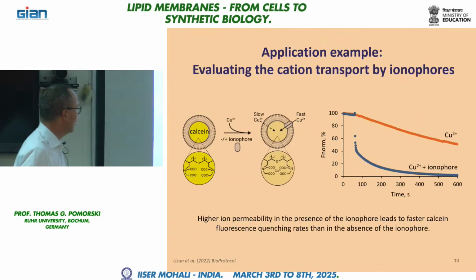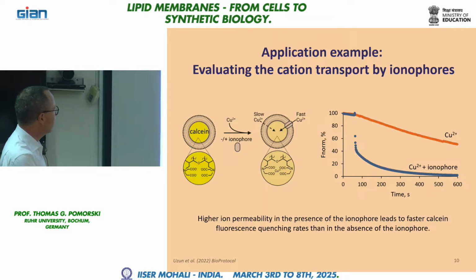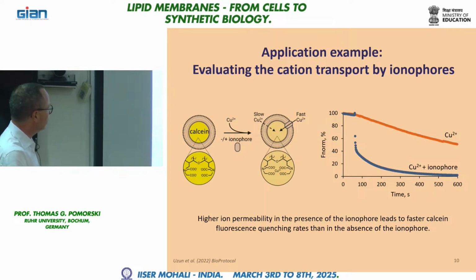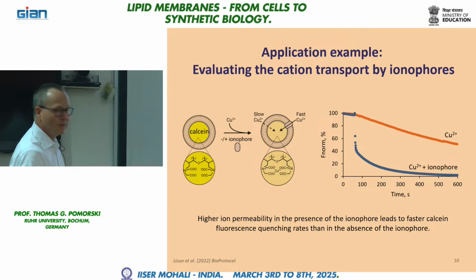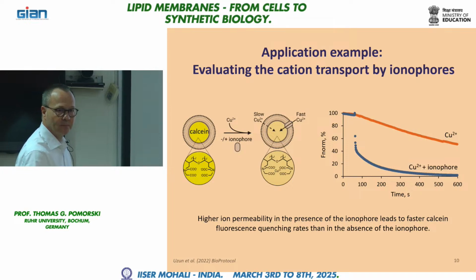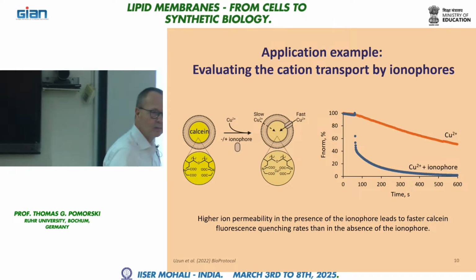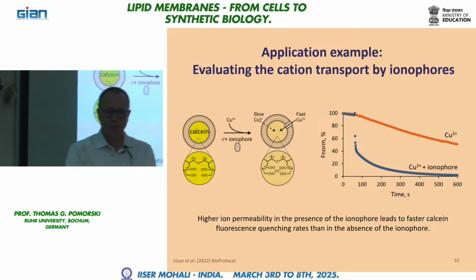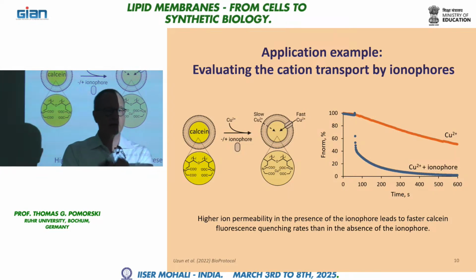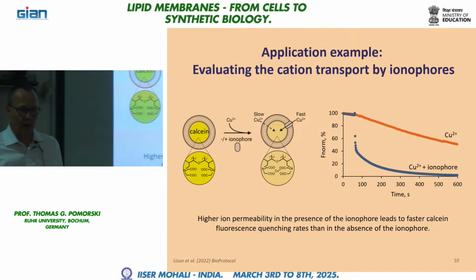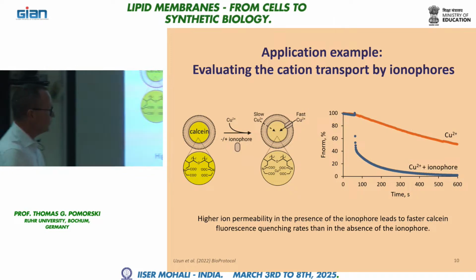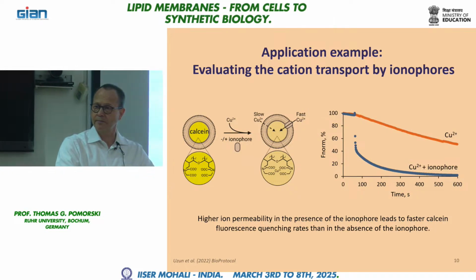One example is shown here, where we used a dye called calcein. This calcein has carboxyl groups in the molecule that are oriented in a way that, for instance, they can bind divalent cations, for instance, calcium. And that will change the fluorescent property. So this calcein is a fluorescent probe, but the fluorescence will depend on whether it has bound an ion or not. The fluorescence will be very strong without an ion, but when you add calcium, the fluorescent properties will go down.